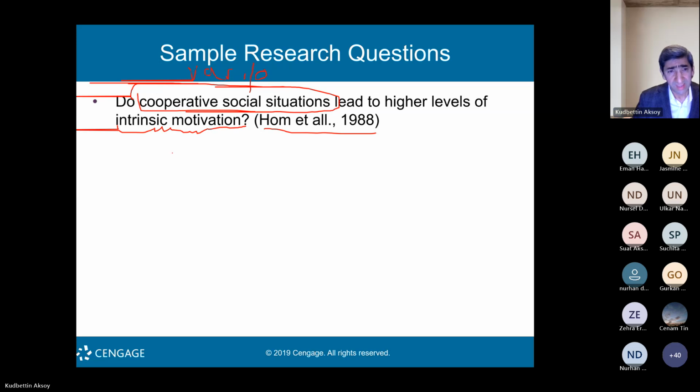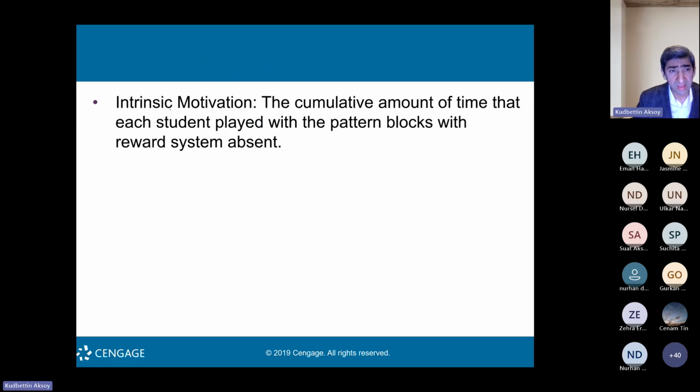So in the study, they defined intrinsic motivation as the relative amount of time, total amount, that each student in that specific study in 1988 played with the pattern blocks with the reward system absent.